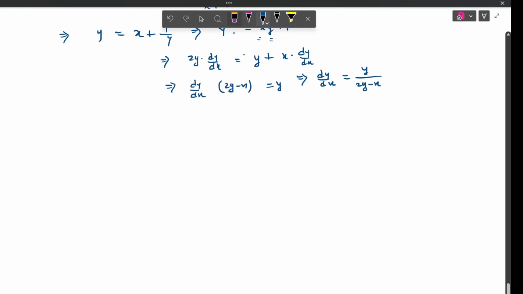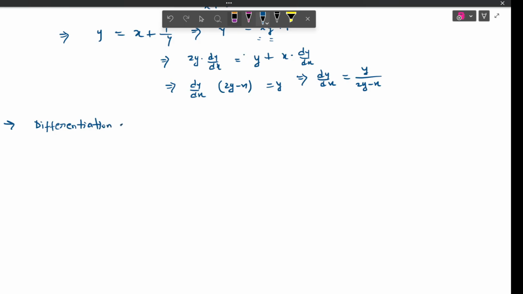Now let's see our next format, that is differentiation of parametric function. We are going with the same color because the slide is going long and the page is hanging.